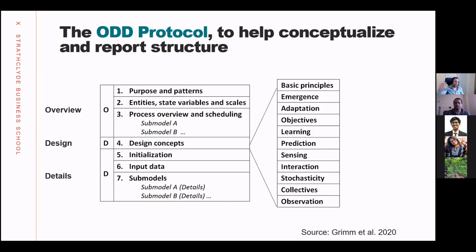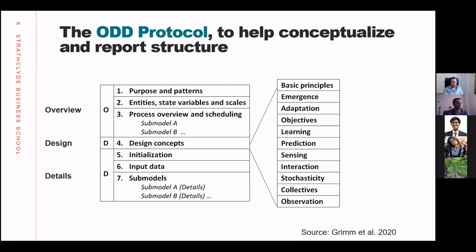Starting off with first thinking about purpose and patterns. What is the purpose of my model, and what patterns would mean it is a sufficiently good model for me? Then thinking about the entities in my model, which are like my agents, and the state variables that describe these entities, and what the entire process looks like.